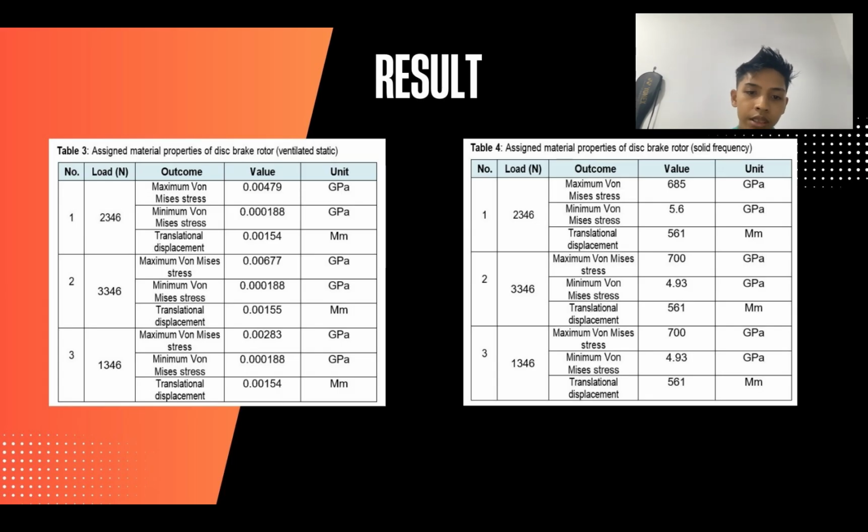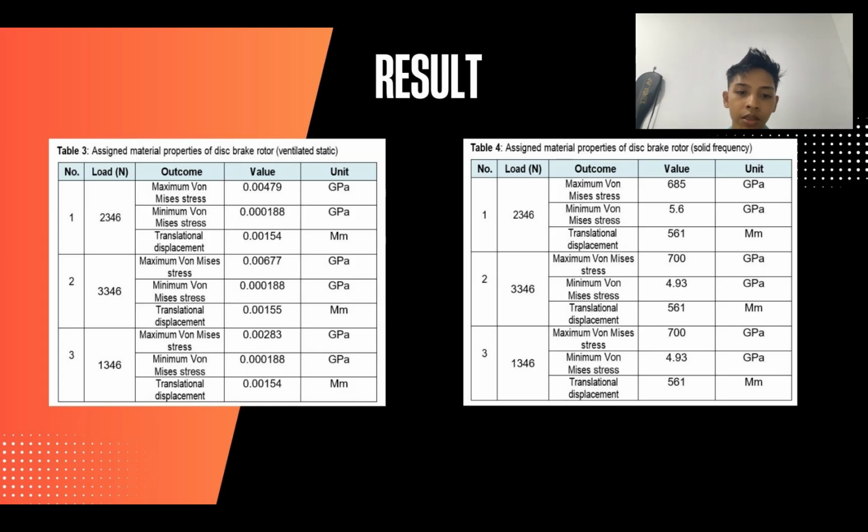The second load is 3346, for maximum von Mises stress 700 gigapascal. For minimum von Mises stress 4.93 gigapascal, and last translational displacement 561 millimeter.